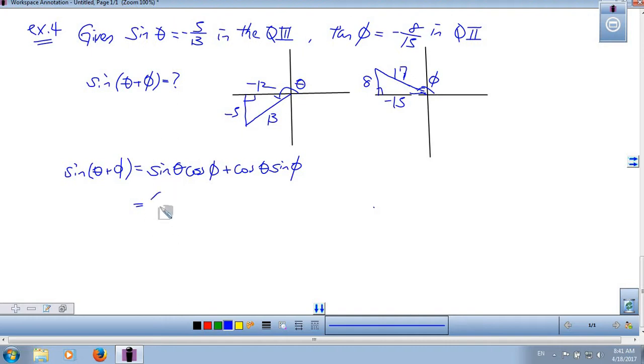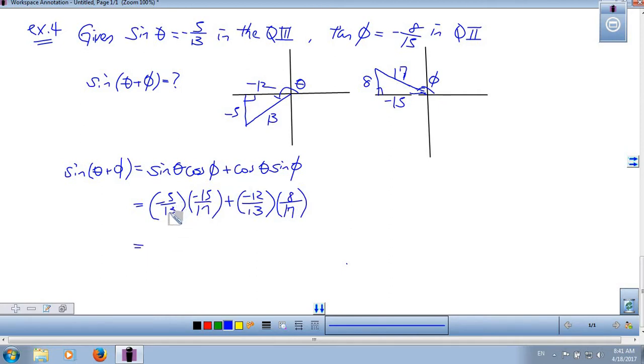Sine theta we already know is negative 5/13, and cosine phi is negative 15/17. Cosine theta is negative 12/13, times sine phi, which is 8/17, positive, not negative, because it's in the second quadrant. Let's multiply them together.